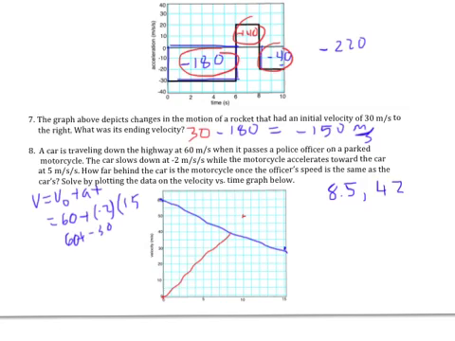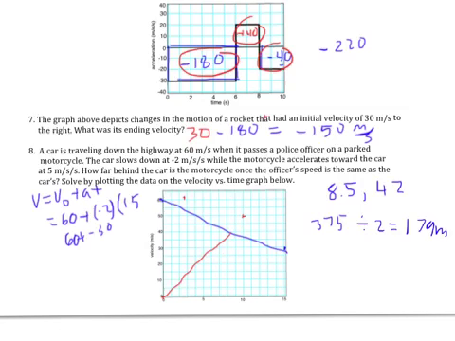Okay, 42 times 8.5, and that gives me 375. But remember, 375 equals this area here, and I need half of that. So if I divide that by 2, 375 divided by 2, the police officer went a distance of 179 meters.